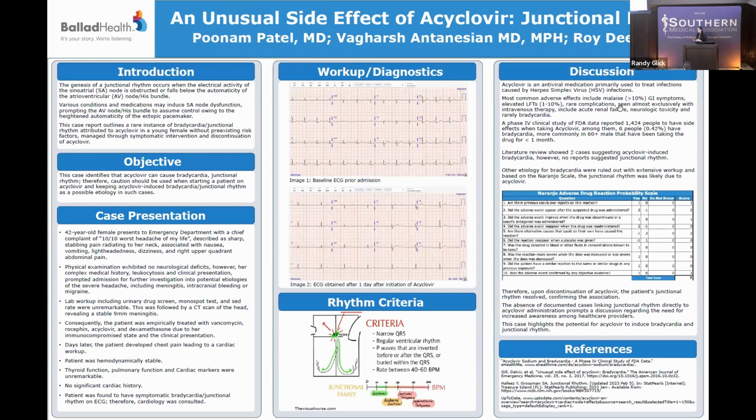When we consulted cardiology, they said this is junctional rhythm, and they have seen bradycardia associated with acyclovir. We did a literature review, which showed about 2 reported cases and some sporadic bradycardia. That led us to believe, okay, let's do elimination. Let's take off acyclovir first. Once we discontinued the drug, within 36 hours, the patient went back to her sinus rhythm. Chest pain never came back.